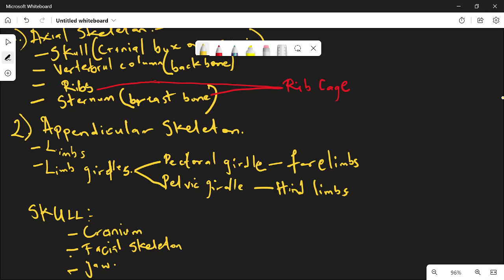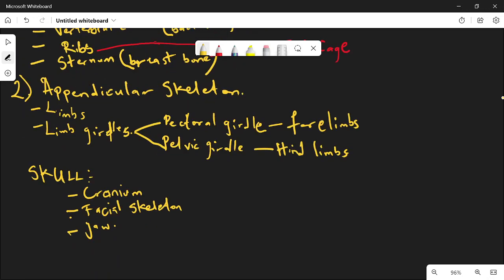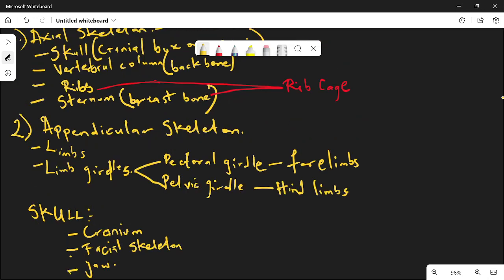It has the facial skeleton and then the jaw, and then we have the vertebral column that has the bones of the backbone, all the vertebral bones that we have on our backbone, then the ribs and the sternum.